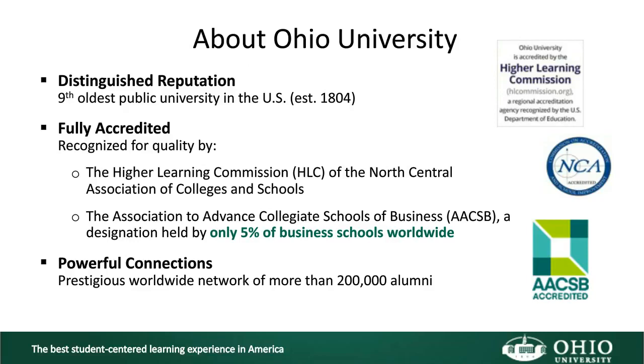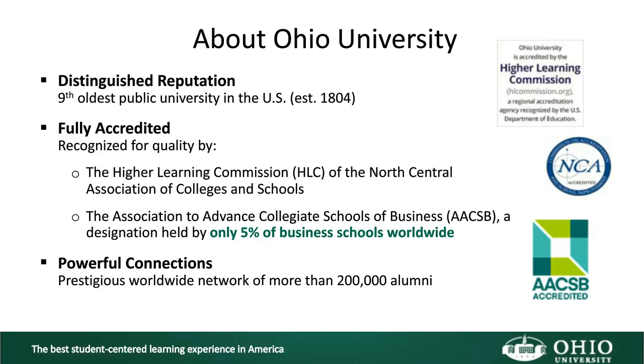Now I want to briefly cover some information about the institution. Ohio University is a prestigious institution with a long history of success. As the 9th oldest public university in the United States, Ohio University was established in 1804 and has a wide array of alumni spanning more than 200,000 strong.